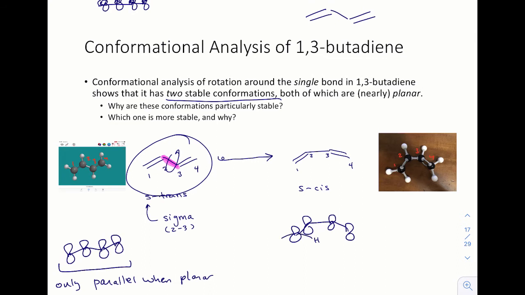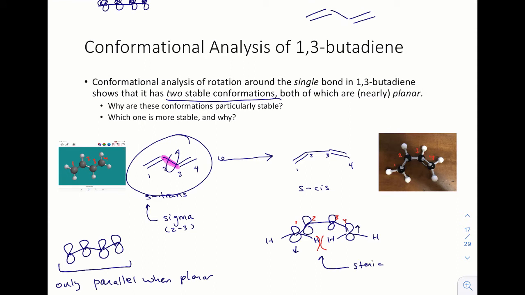Well, in the S-cis conformation, the hydrogens from carbons 1 and 4 are pointed towards one another, and there is a steric interaction here. So this molecule will go slightly out of plane. So carbon 1 is slightly below the plane, carbon 4 is slightly above the plane to mitigate this steric interaction between those two hydrogen atoms.